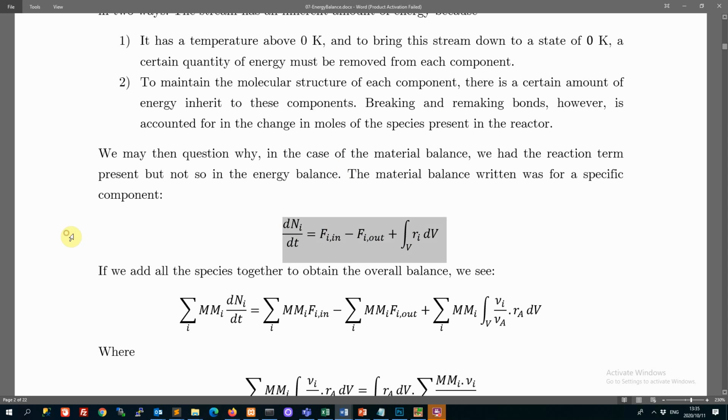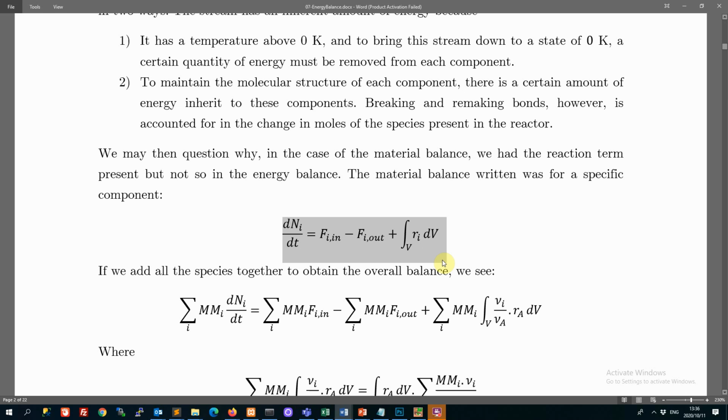And because this balance is so specific, because it's about a specific component I, it is necessary to account for, if you like, the creation of component I. So you possibly did not have I in, or you had a low amount of I in there, and then you may have had some other component J, which was converted into component I. And so when you are talking about individual species, you can talk about the creation of component I.